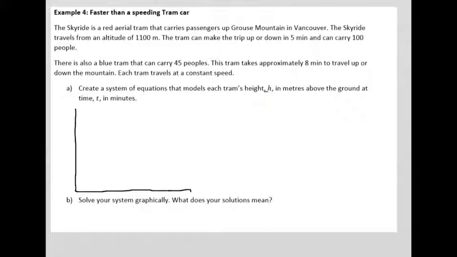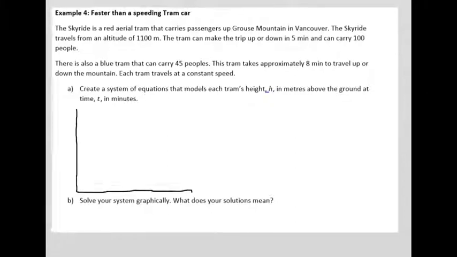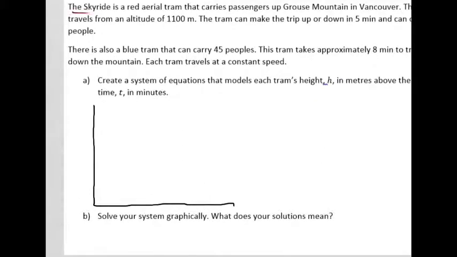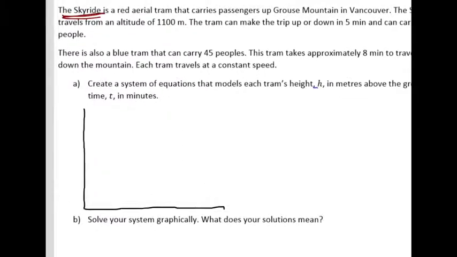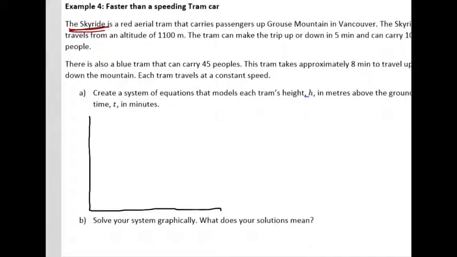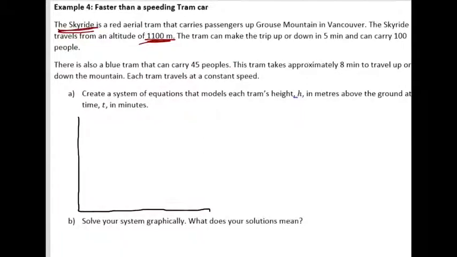our XY plane, and at the beginning of our time interval, the red Skyride tram travels from 1,100 meters at the top of the tram ride all the way down, and that takes 5 minutes.